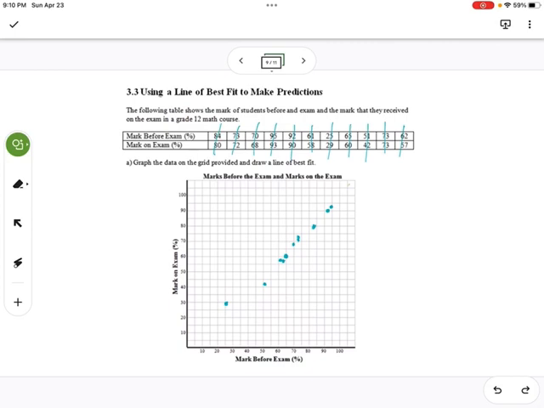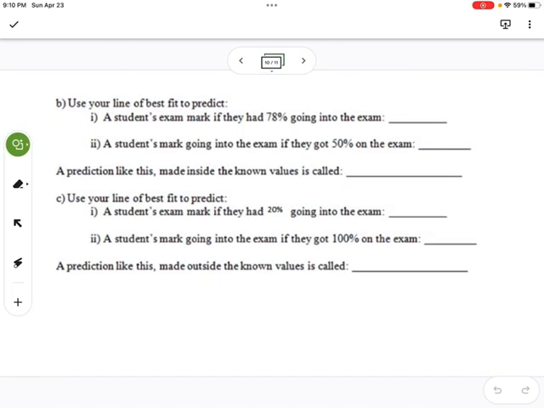And now we have a few questions on the following slide to answer. So use your line of best fit to predict a student's exam mark if they had a 78 going into the exam.